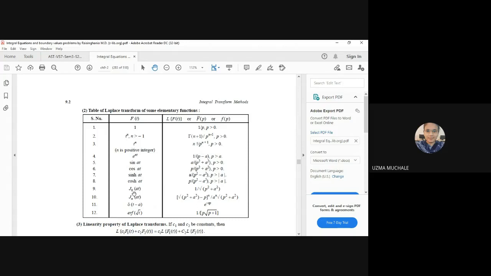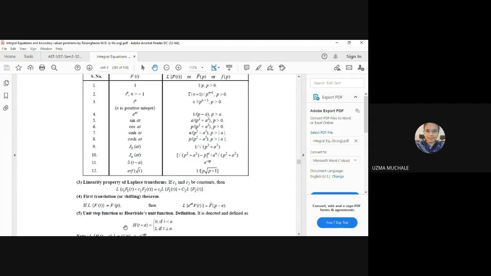I hope you remember the first semester differential equation course in which we studied the Bessel function. Those who don't remember, go back to your first semester differential equation paper and Bessel's equation, in which you can come to know what J naught of t and Jn of t are, and their Laplace transforms are written here. So these are the formulas which we are going to use.